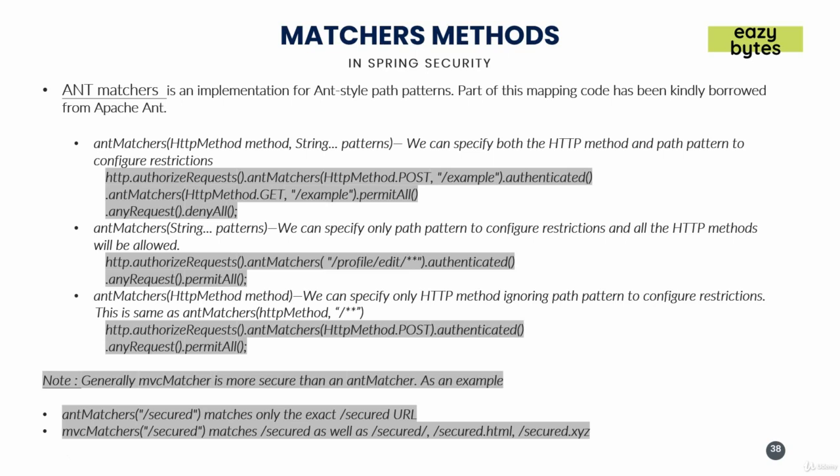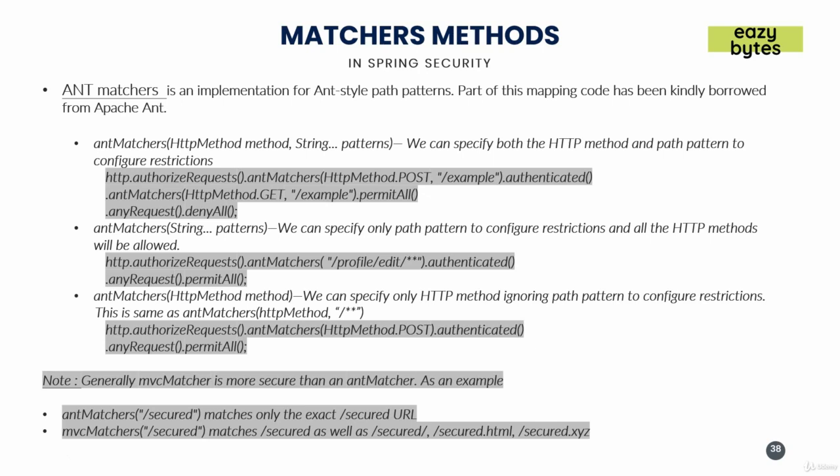That means the security will be enforced based upon the HTTP method, but the path will always be ignored. So it's almost equal to the Ant matcher with HTTP method and /**. I'm not sure why the Spring Security people want this extra third method, but it's very similar to whatever we are seeing in the first method.